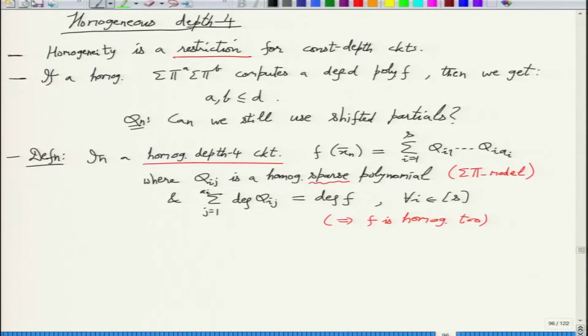It cannot be more than D, but still D is quite large as far as our measure is concerned. Our measure fails in that regime. So one thing that we will use in the proof is that Qij's have few monomials.